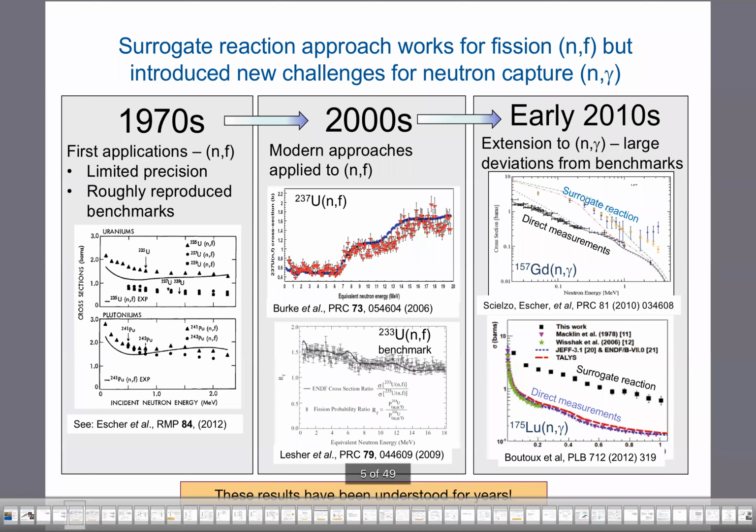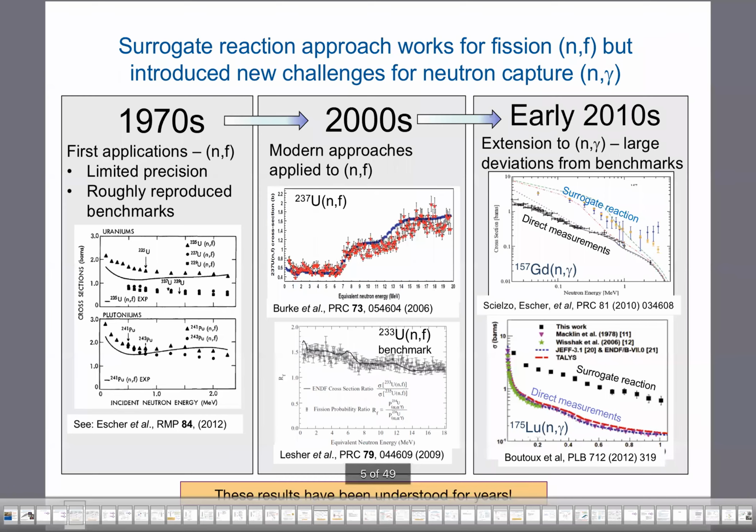New fission cross sections were measured using this method, and some new ideas emerged by using ratios, etc. The fission analysis almost all assumed that the cross section simply factorizes into a formation cross section and a decay probability, and that worked pretty well for fission. We did some sensitivity studies, and we understand why that works reasonably well.